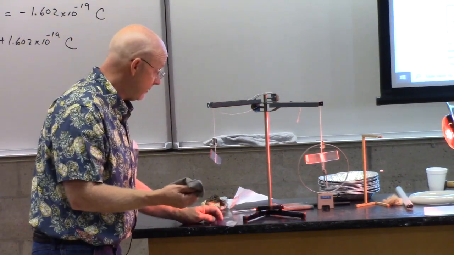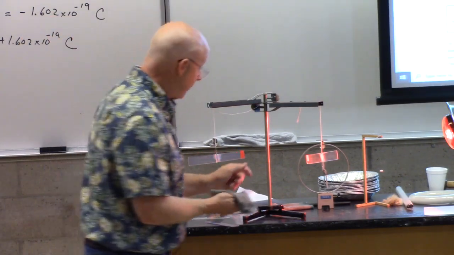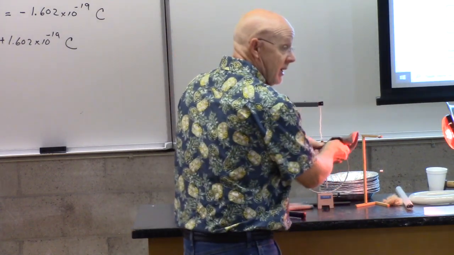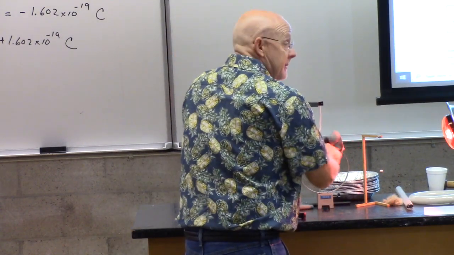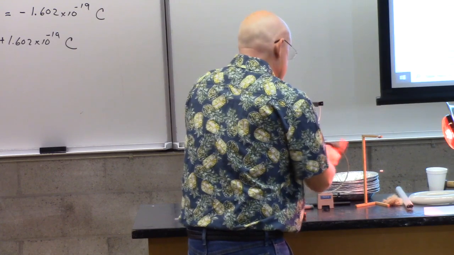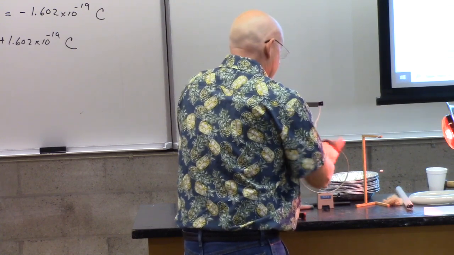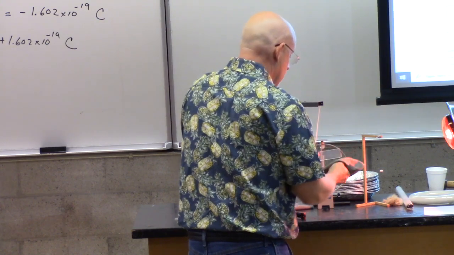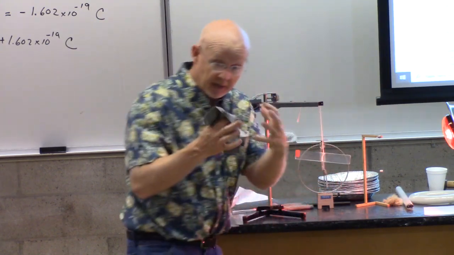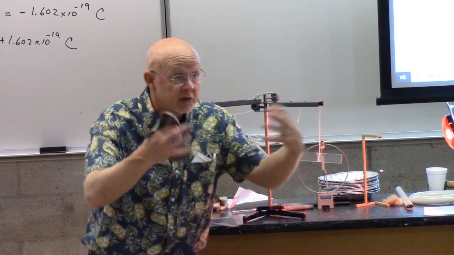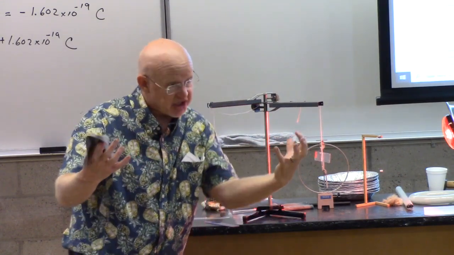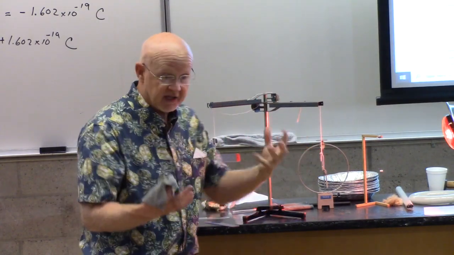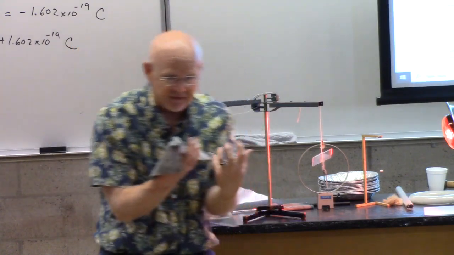He tried other materials. So let me come over here and try the acetate. And I'm going to rub this. And let me just pause and talk about it on a microscopic level. As I rub them, again, maybe I scrape off 50 electrons off of this and 50 electrons off of this.